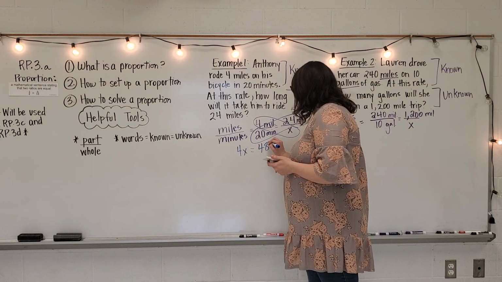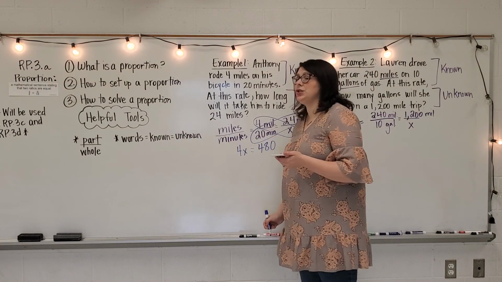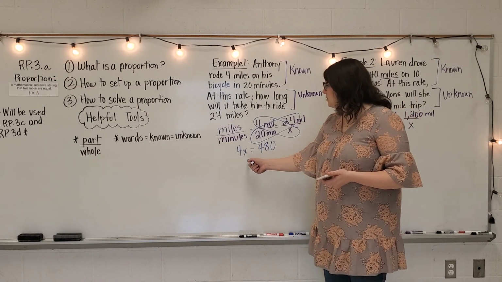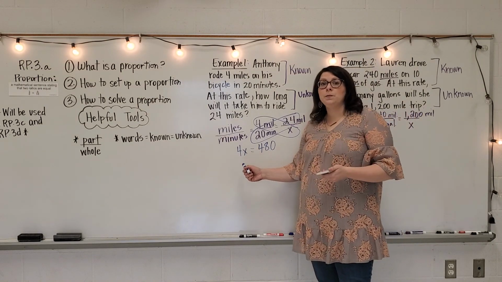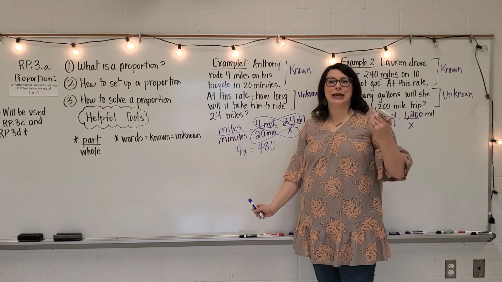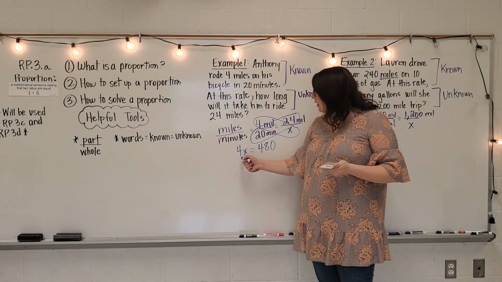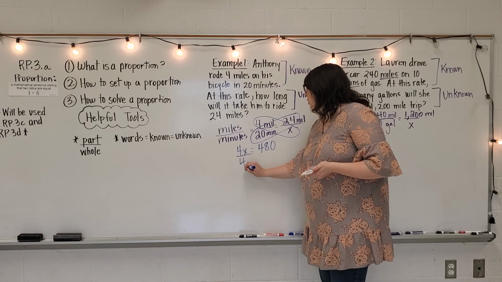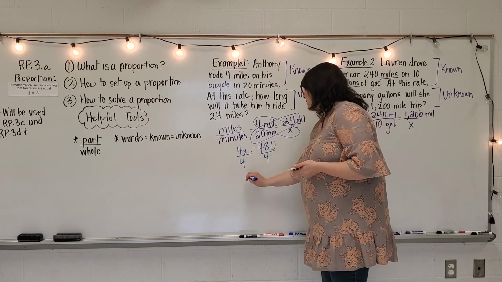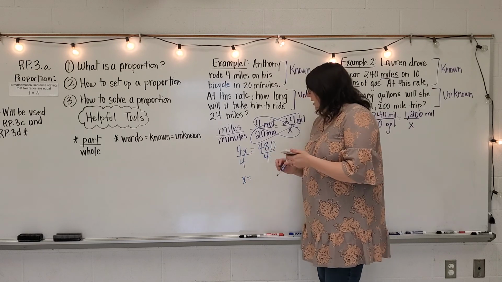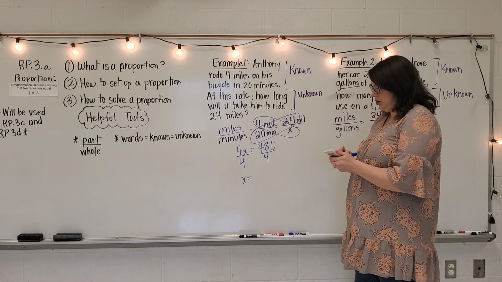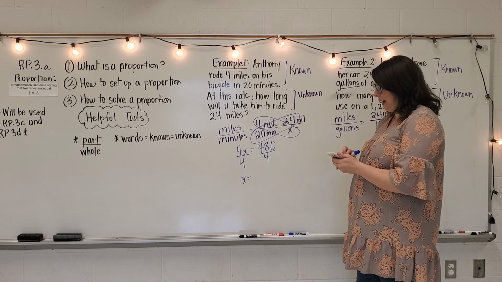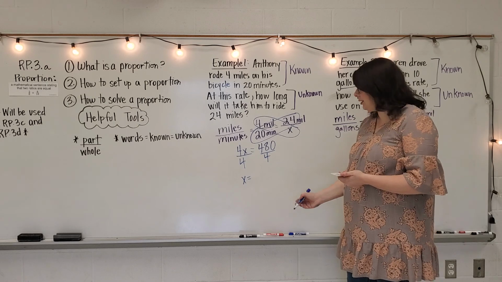Now, when you studied equations, you learned that in order to get this variable alone, I'm going to do the inverse or the opposite operation. So right now, 4 and x are being multiplied. I'm going to divide by 4 on both sides to get x alone. And 480, again, you should be able to do this in your head or without a calculator, but you can always use your calculator to check.